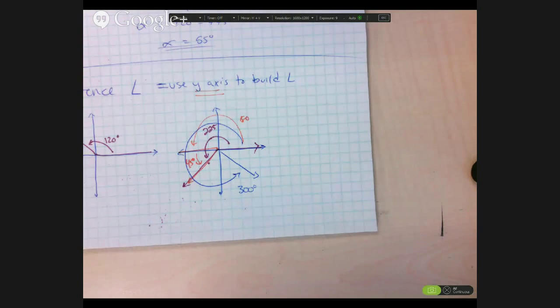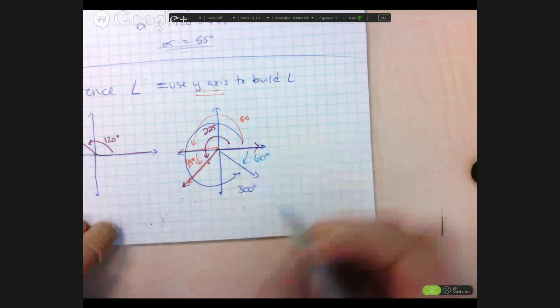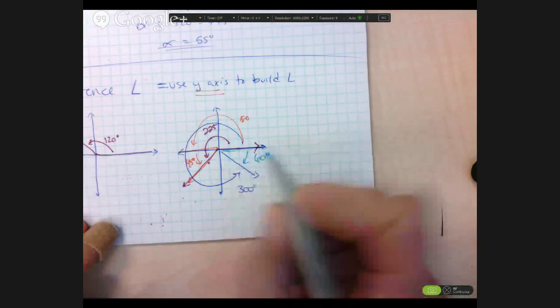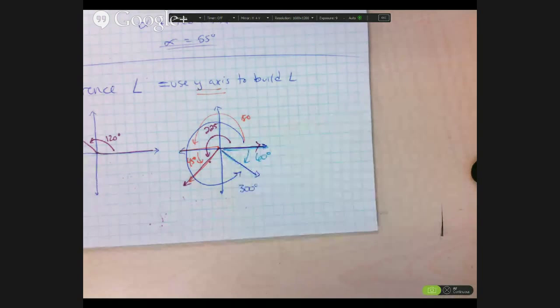Zach has it. 60, because he needs to be able to subtract. Because it's with the y-axis, the closest one. Okay, below 90. Got it? No confirmation, I assume that's a yes.